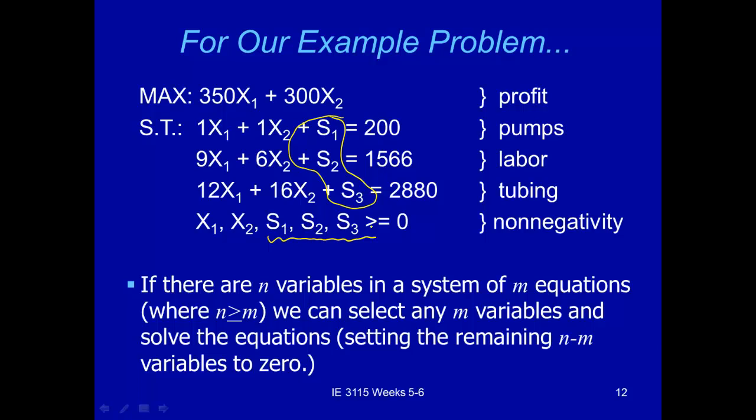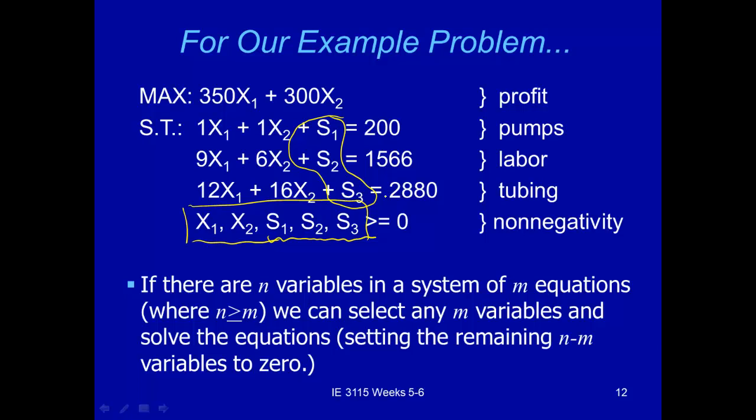Here, how many variables do we have? We have 5 of them. After we add the slack variables, now we have 5 variables. And how many equations do we have? 1, 2, 3. We only have 3 equations.